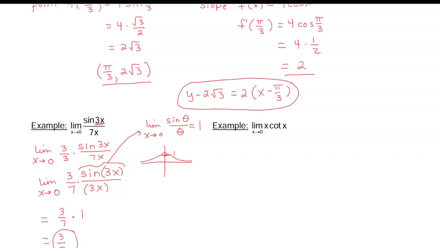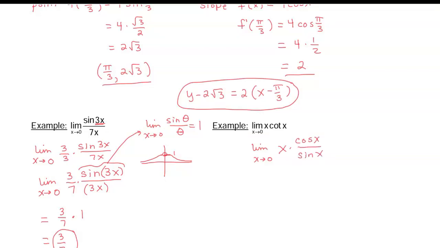Our last example, we have a limit as x goes to 0 of x cotangent x. And here is another case where I can rewrite the math problem to be able to do the limit easily. First, let's remember that cotangent is the same as cosine divided by sine.